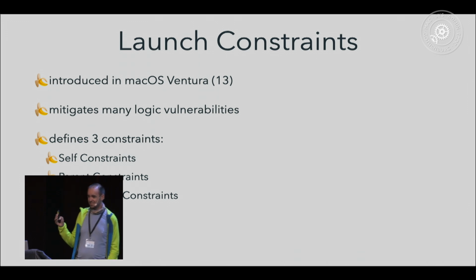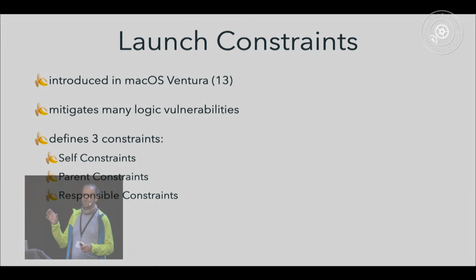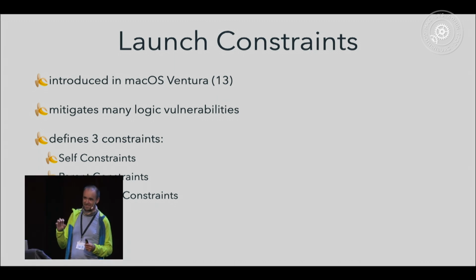Launch constraints, there are 3 different constraints. There is a self constraint, which applies to the binary, the process itself. There is a parent constraint, which applies to the parent process of the process. And there is a responsible constraint, which applies to the process which is responsible for launching the other process.